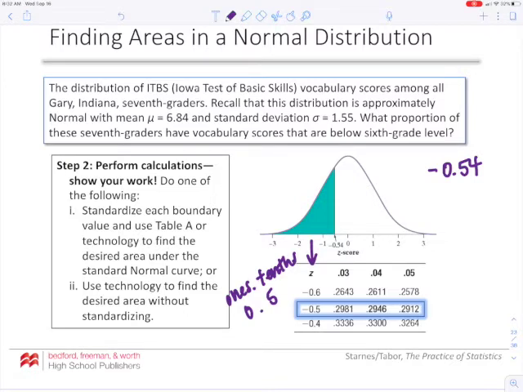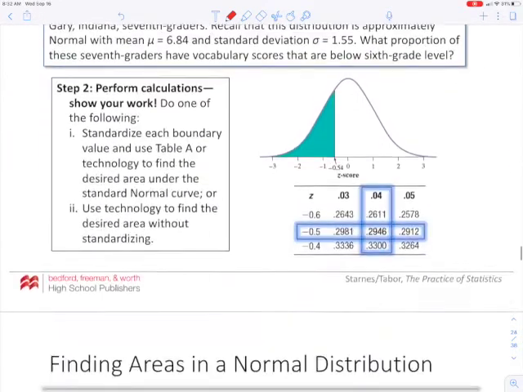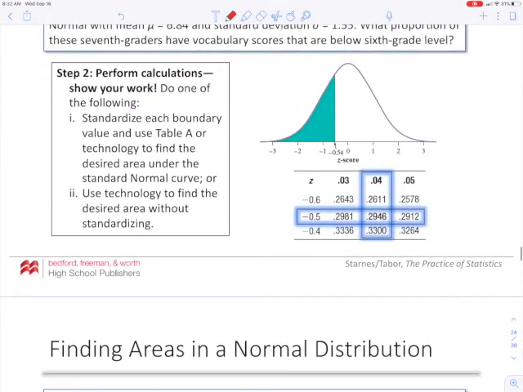Found it. Now we're going to go across the row. The row is going to be our hundredths place. So for us, that's 4. Okay, so we went down the first column and found the row that corresponded to negative 0.5.